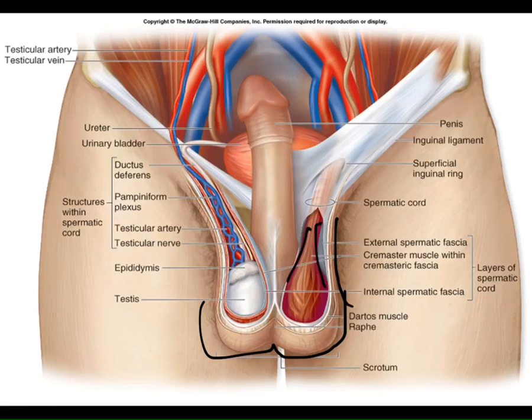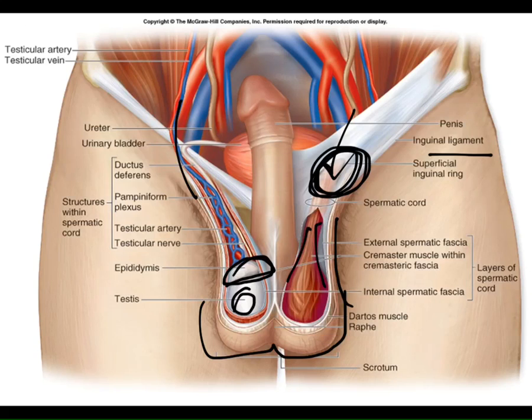So the scrotum is outside of the body itself, if you will, and again, go through this with me. So this is the testis. This is part of the epididymis. Then going through this area, there's an opening right here in the inguinal ligament that's referred to as the inguinal canal. And in this space, what's passing through here?